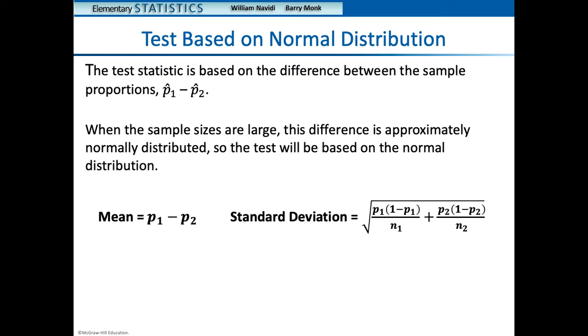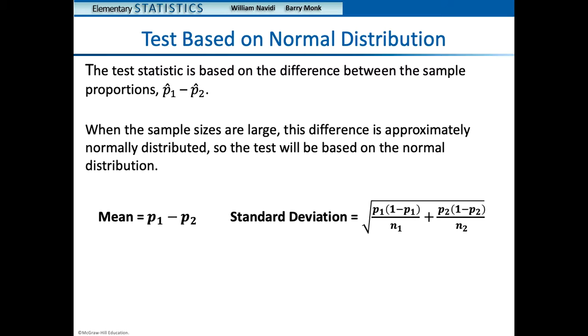Now, once the hypotheses are established, then we find the test statistic, right? The random variable in this case would be the difference between these sample proportions, which is p1 hat minus p2 hat.